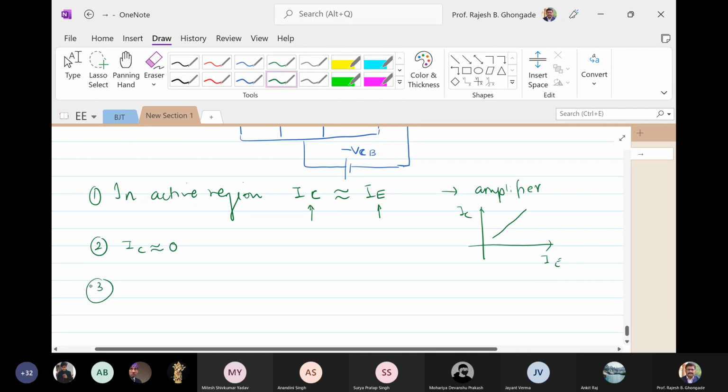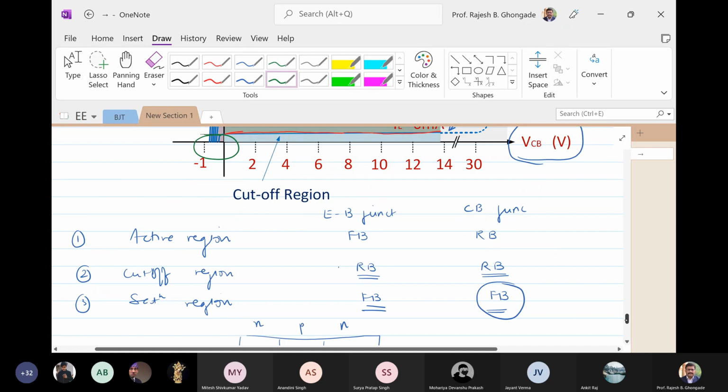Third observation, in saturation, अभी saturation में देखो क्या हो रहा है.